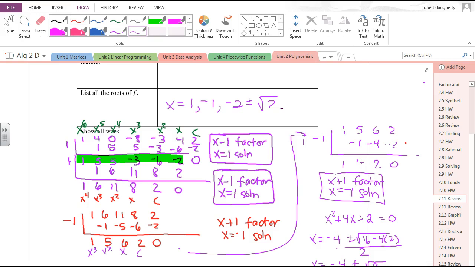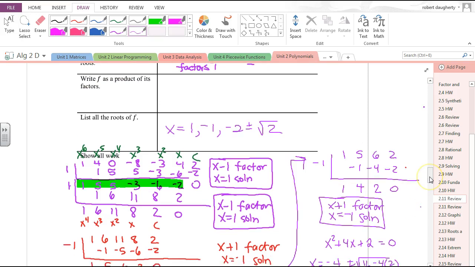And then my complete factorization was f of x equals x minus 1, x minus 1, x plus 1, x plus 1, and then x squared plus 4x plus 2. So that is my factorization.